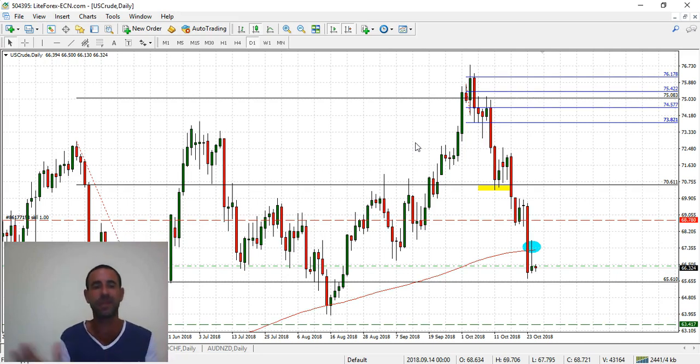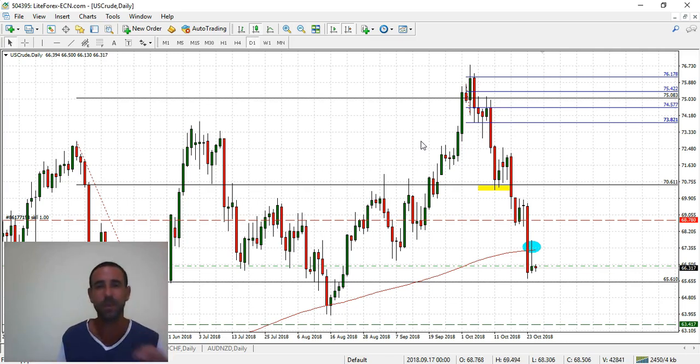I actually have two different sets of support and resistance levels. The big system, this is the black one, represents the bigger picture, and a local one, which is the blue one.